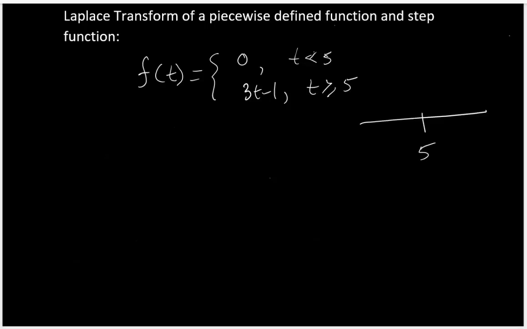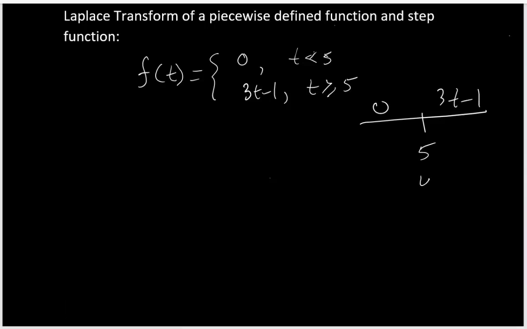So we are trying to determine the step function for f(t), which is given as a piecewise defined function. My boundary is 5. Put here 5. The right hand side of this will be 3t minus 1, and the left side is 0.